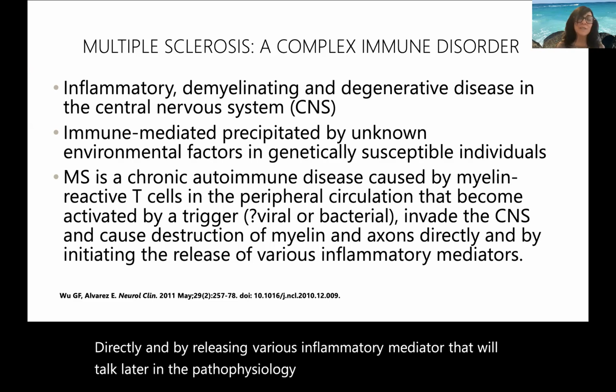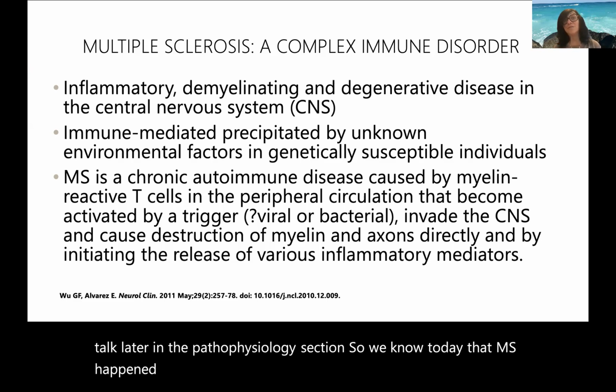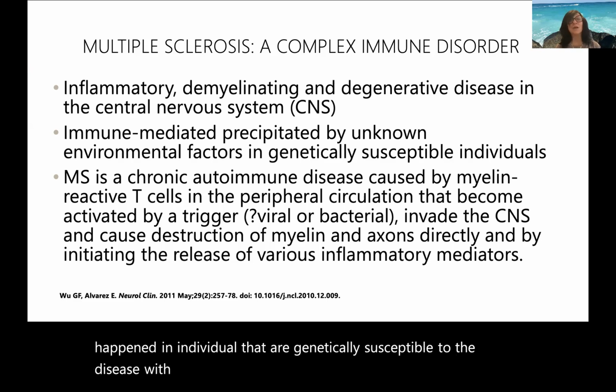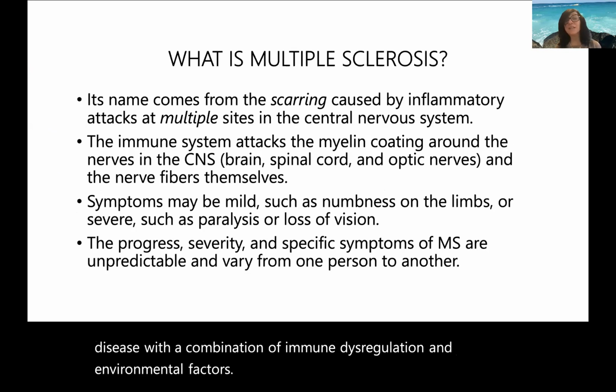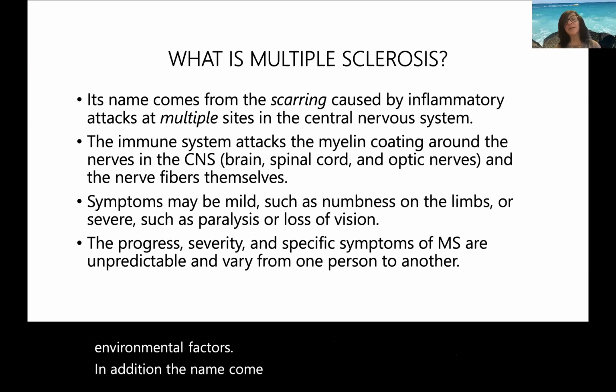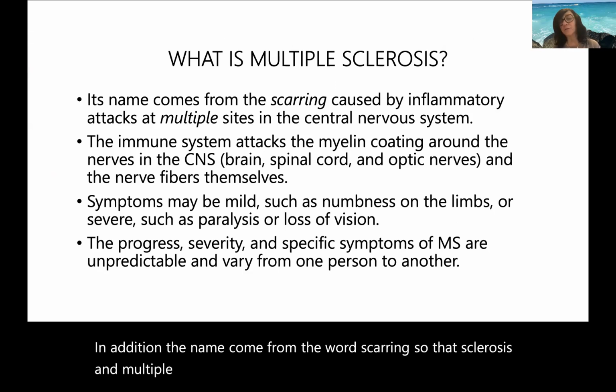So we know today that MS happens in individuals that are genetically susceptible to the disease, with a combination of immune dysregulation and environmental factors. The name comes from the word scarring, that's sclerosis, in multiple sites in the central nervous system.